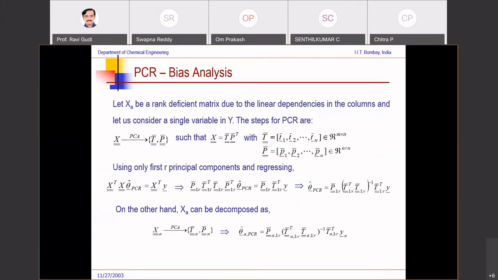So there is a rank deficiency when I accumulate all the temperature measurements into a matrix. So I want to deal with that XA, estimating the relationship between Y and X when XA is rank deficient.